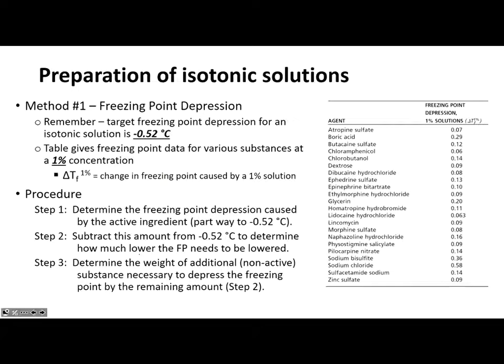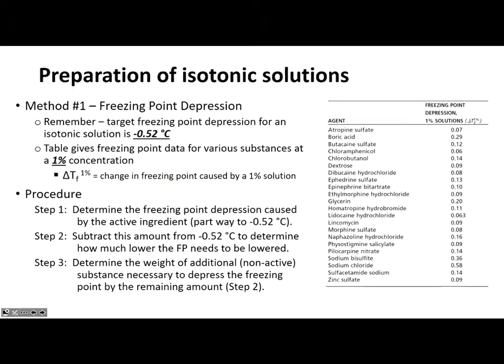Hopefully you remember by now that we're trying to get to a solution that freezes at negative 0.52. The whole point to any of this is, when we make, for example, eye drops or IVs, isn't the point to an eye drop to put some active drug in there? And isn't the concentration of the drug in that solution needs to be therapeutic? Would you agree? If I'm going to make an atropine eye drop, I need the concentration of atropine in that solution that produces the mydriasis, or the effect on the eye.